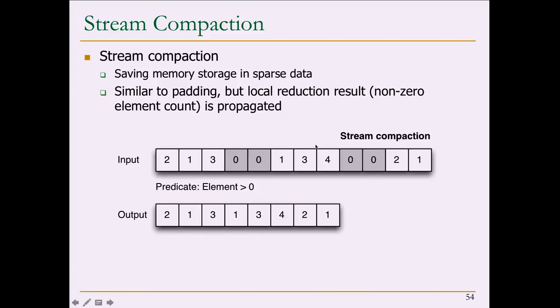So this GPU thread block should know how many elements are actually going to be copied from the input to the output, so that these 3 elements that were assigned to the second thread block are stored in the corresponding destination. Okay? So we need some kind of communication across thread blocks. I'm not going to explain that. I just want to show you the results.